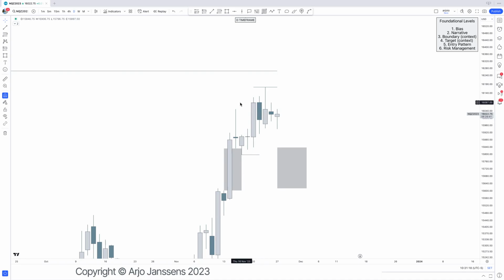So that means that we might want to come into the weekly fair value gap right there. So that confirms the idea, an extra confluence, an extra argument that we can add to the overall argument that we might want to come into the weekly fair value gap first to then continue higher.